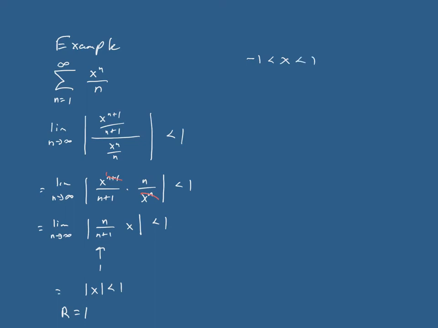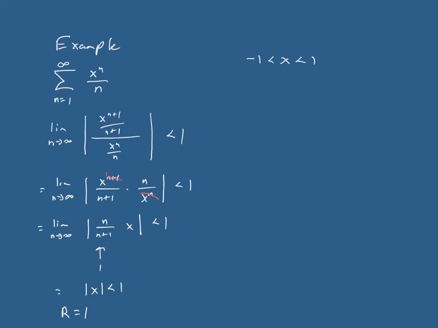Okay, so that's a start. Now the next thing we have to do with this, we have to check the endpoints. And so when I check the endpoints, the first thing I'm going to do is plug those endpoints into this particular power series.